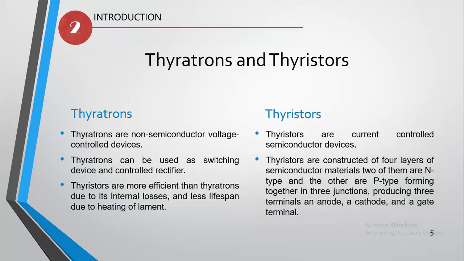What is the difference between Thyratron and thyristors? First of all, thyristors are current control semiconductor devices. They consist of 4 layers of semiconductor material, 2 of them N-type and the others P-type, forming 3 junctions and producing 3 terminals: anode, cathode, and a gate terminal. The gate terminal in the thyristor is the same as the control grid in the Thyratron.